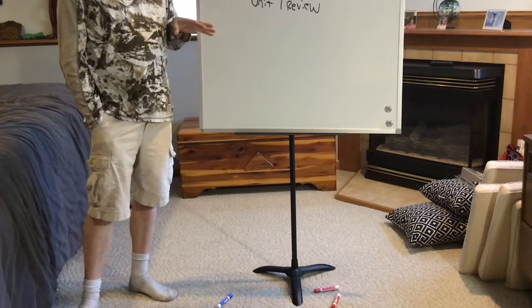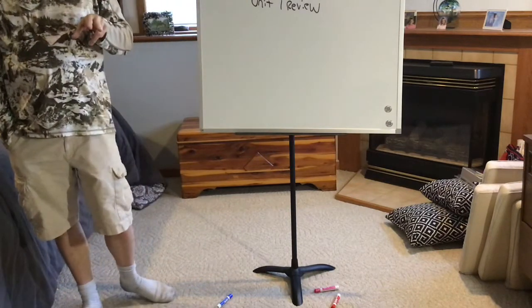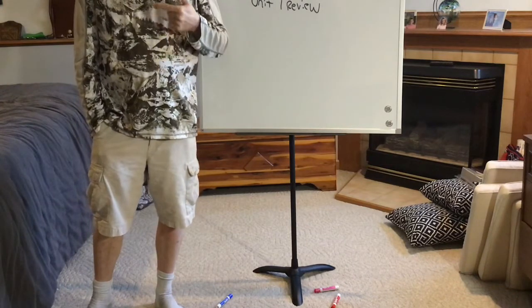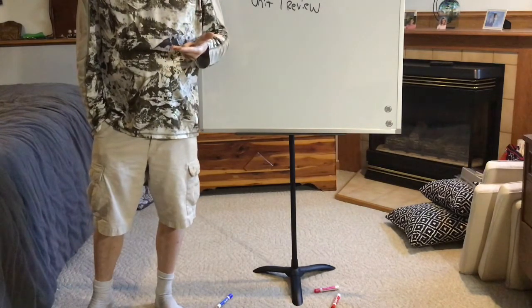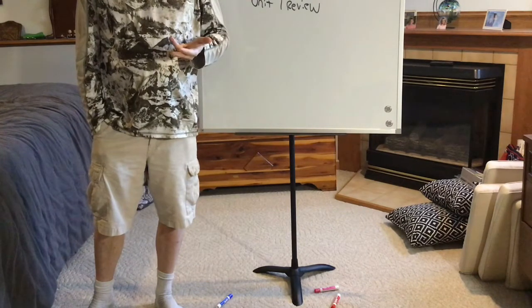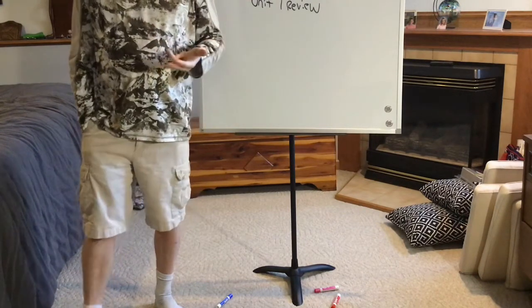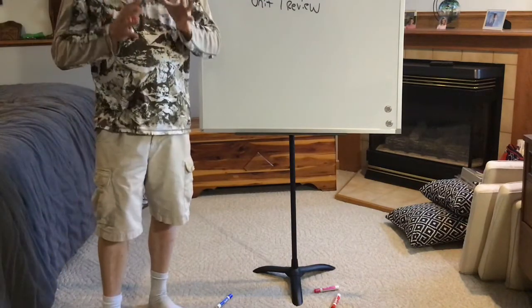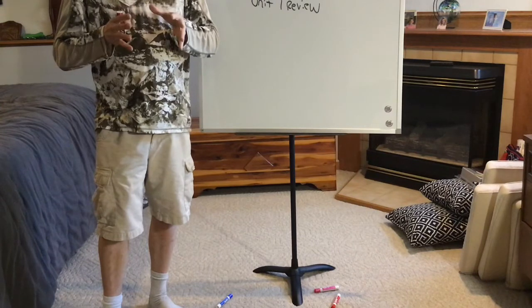Unit 1 for micro and macro is pretty similar. We're going to go through the basic concepts of scarcity, production possibilities, comparative and absolute advantage, and the basic terminology of economics, with opportunity cost and things like that. So it's going to be pretty easy. In micro and macro, we both study supply and demand.